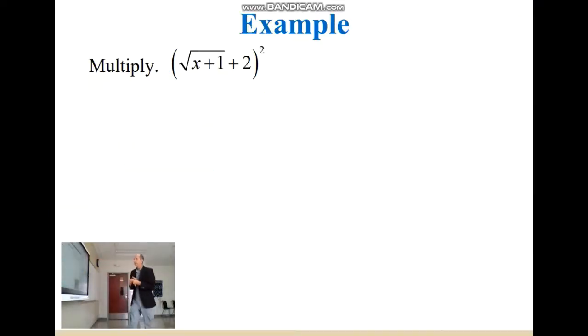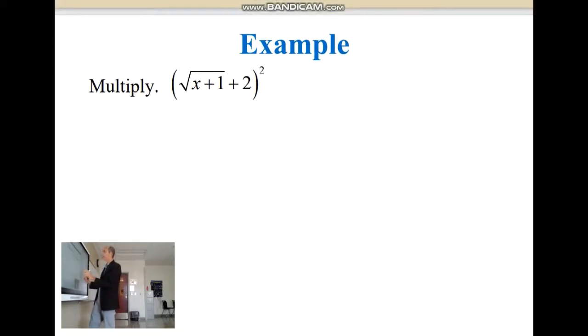Now this is the last example. It's actually a squaring. It's a multiplication, but it's a squaring. You have square root of x plus 1, plus 2, squared. And you have to remember we're going to apply the special products.